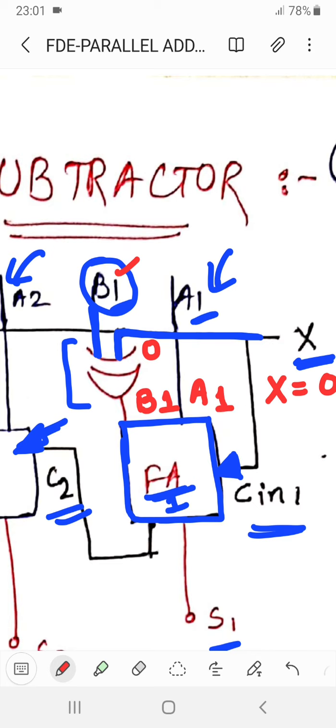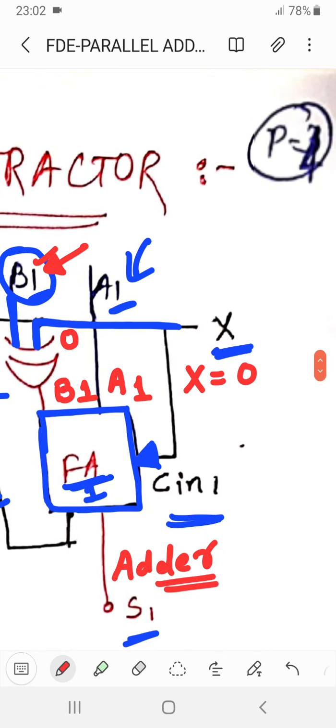Because of this B1 as it is, as I am given input, it gives me the normal adder operation when my X is equal to 0, or you can say my C in is 0 in this particular case for the first full adder.